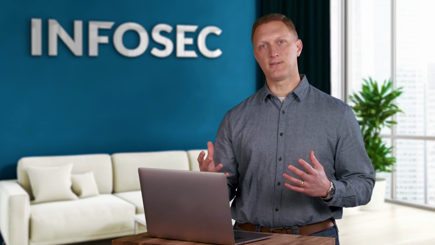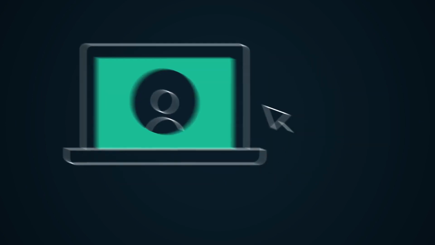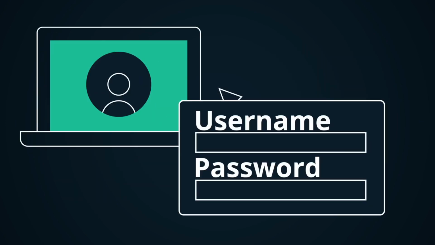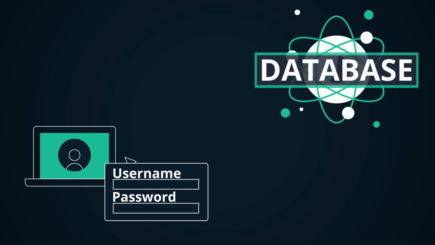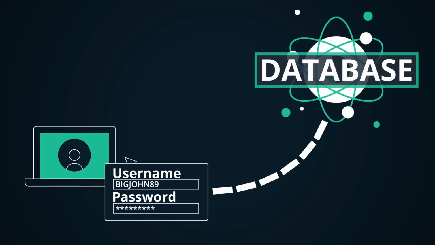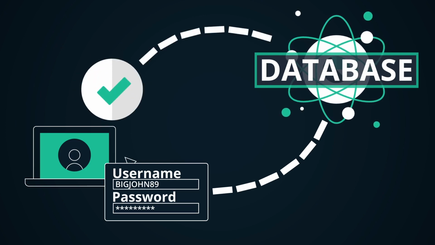So here's an example. Let's say you have a web application that has a username and password combination that allows a user access to that website. Let's also say that the same web application has that database on the back end that stores usernames and passwords and that sensitive information. So when a user enters a username and password, a SQL query is created and executed to search against that database to verify that that user is who they say they are. If the matching entries are found on the database, then the user is authenticated to the website.